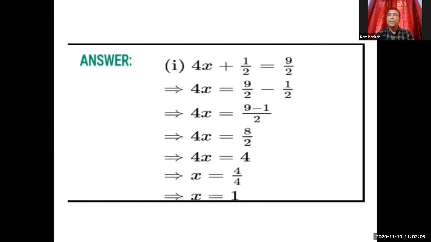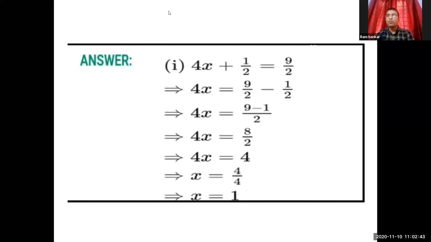If we operate on an equation with one variable, there is a need to transpose from the left hand side to the right hand side. So we have taken plus 1 by 2 to the right hand side, near the 9 by 2. So the sign changed. Whenever you transpose a left hand side number to the right hand side, that number's sign is changed. Okay. So the plus became minus. 9 by 2 minus 1 by 2.